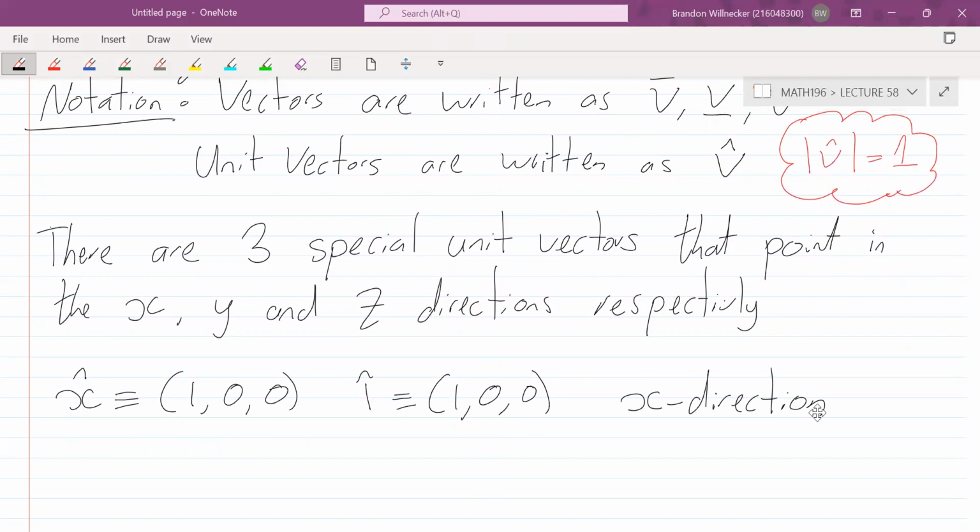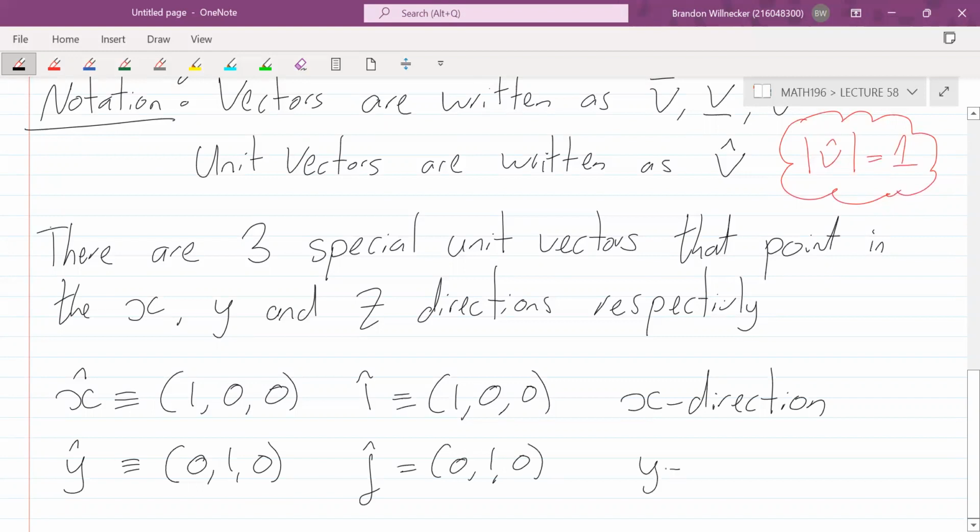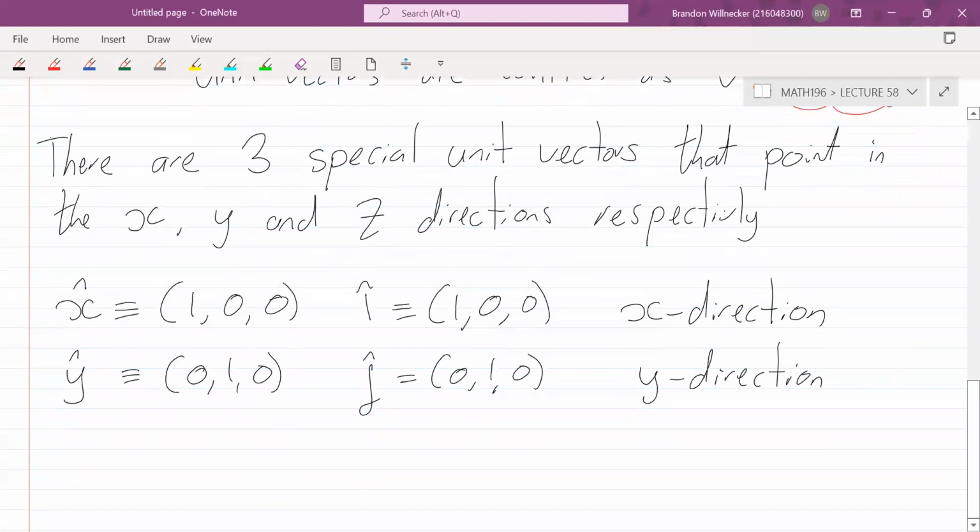For the Y direction, we have Y hat. That's 0, 1, 0 if you're working in R3, or just 0, 1 if you're working in R2. Or we sometimes call it J hat. That's 0, 1, 0, and that's for the Y direction. And then I'm sure you can guess this for the Z direction. We have Z hat.